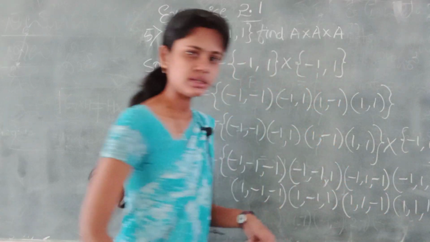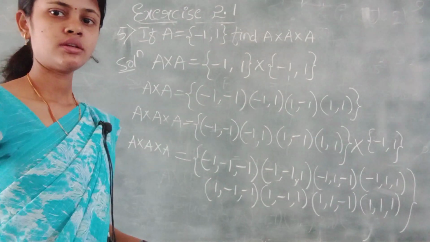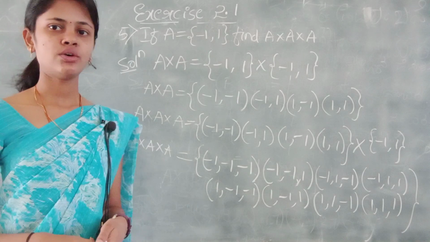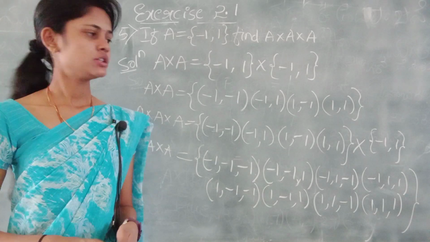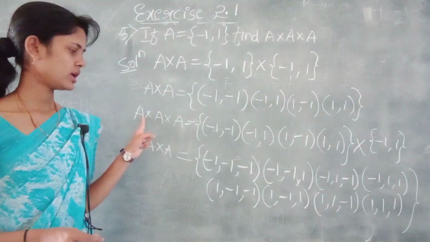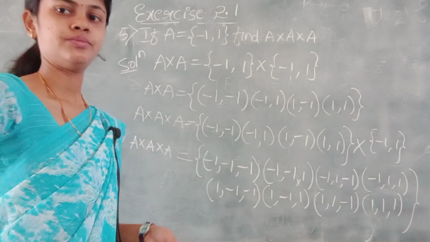So this is the triplet of the set A, which is given as minus 1 comma 1. To find out the triplet of A, firstly we have to find out A cross A, then we will go for A cross A cross A, that is the triplet of A.